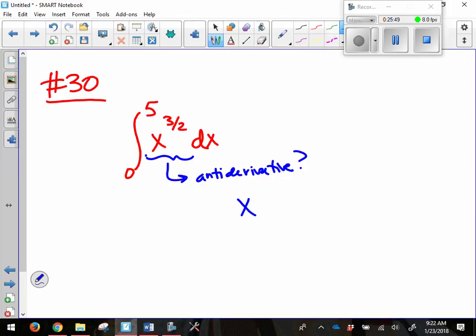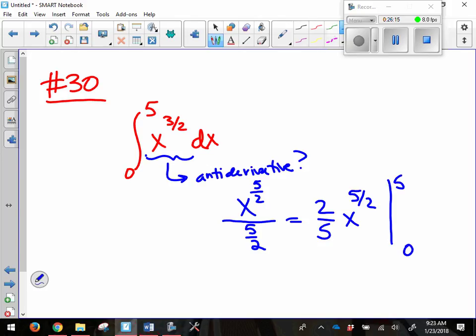I'm going to raise the power by 1, x to the 5/2, but then what do I have to divide by, Sarah? 5 over 2, which Zoe was talking about before, is the reciprocal of what's in the denominator. So it's 2/5 times x to the 5/2. And then I have to evaluate that from 0 to 5.